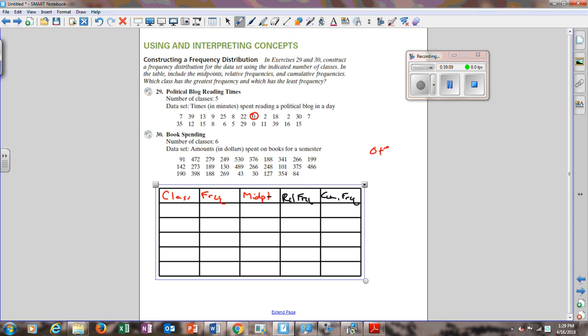So you do 0 plus 39, divide that by 5, because there's 5 classes. So 39 divided by 5 gives us 7.8. So our class width is 8.